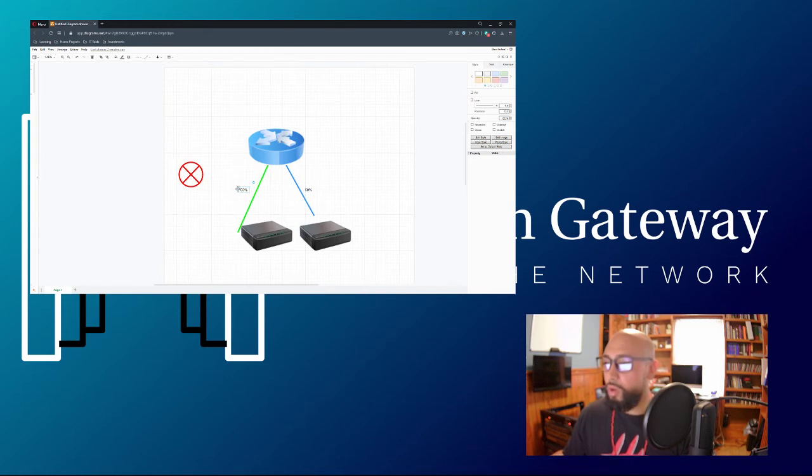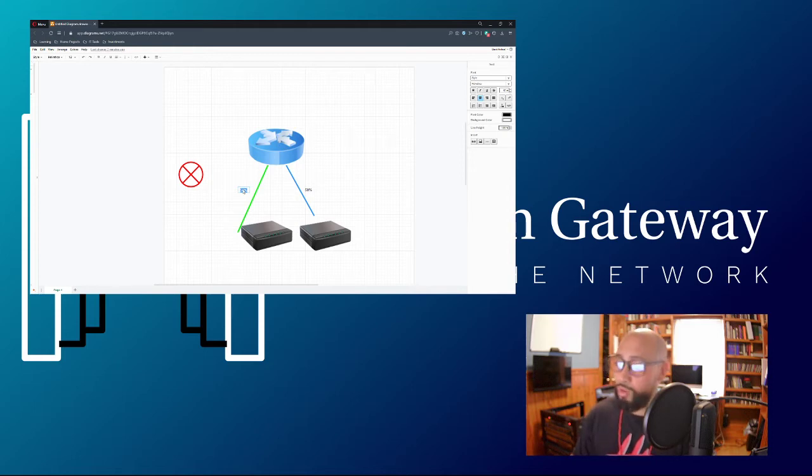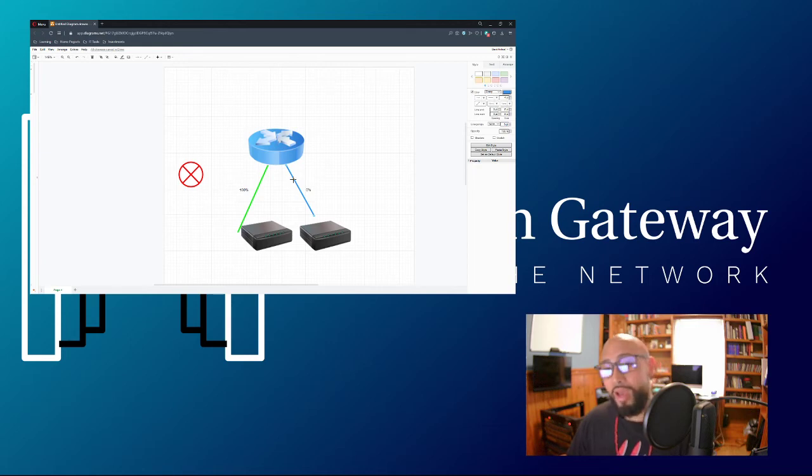In a failover situation, with these two connections from the router to both these servers, you would have 100% of the load traveling through one connection and 0% of the load traveling through the other. The idea behind this is if this primary connection fails, we can just cut over to the secondary connection and have 100% of the load transfer over to that side.